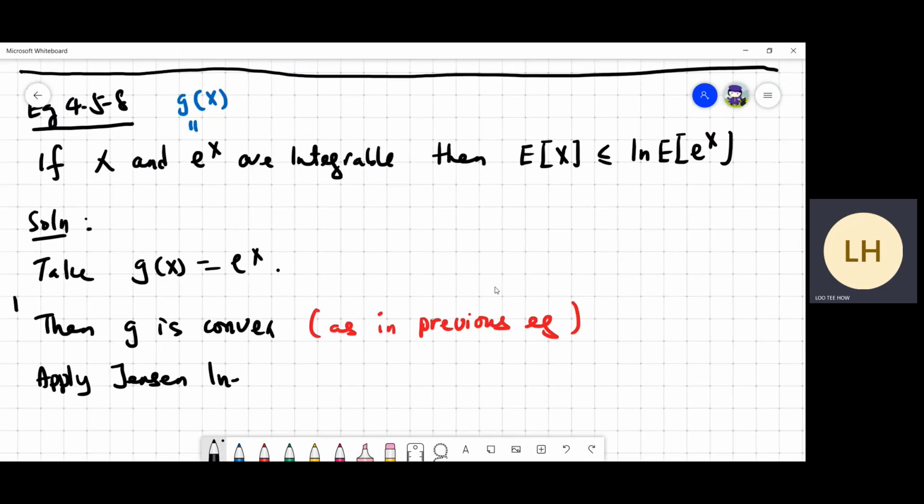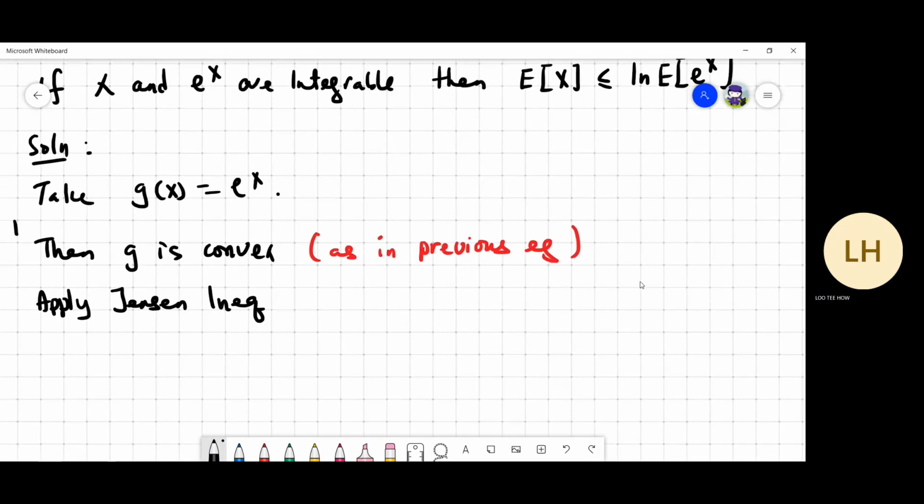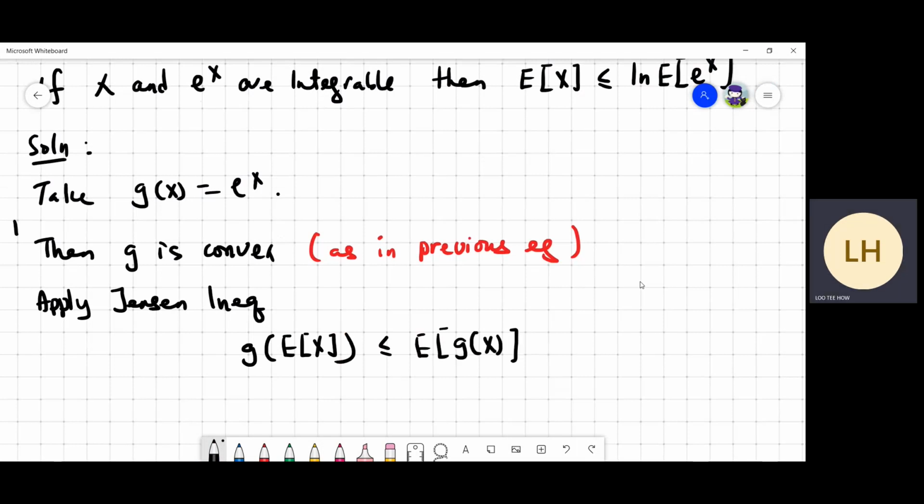We have g(E[X]) less than or equal to E[g(X)]. However, g(X) is e^X, right?